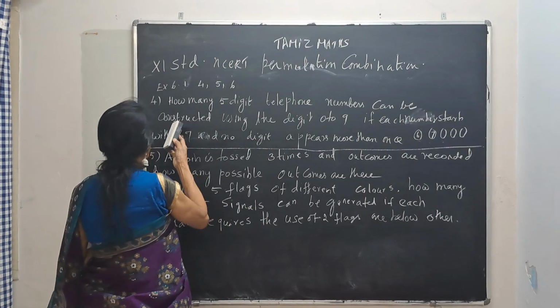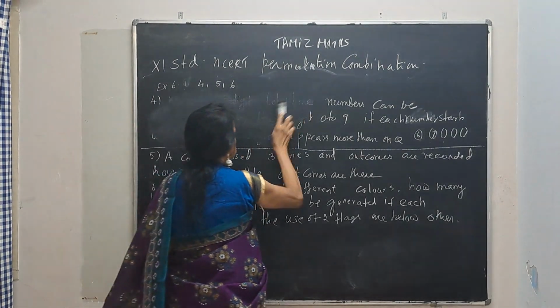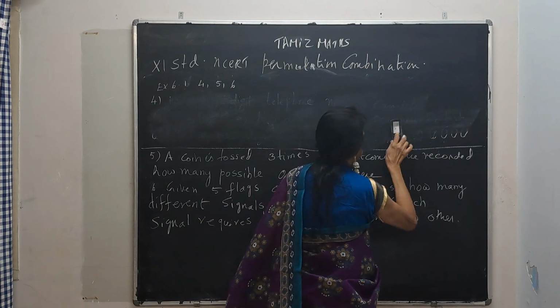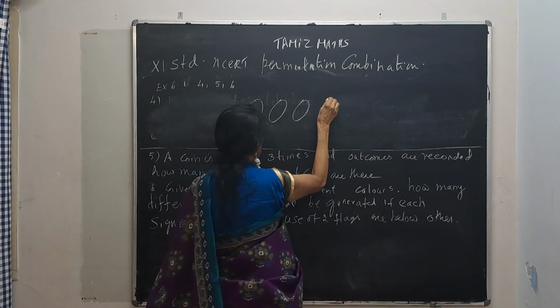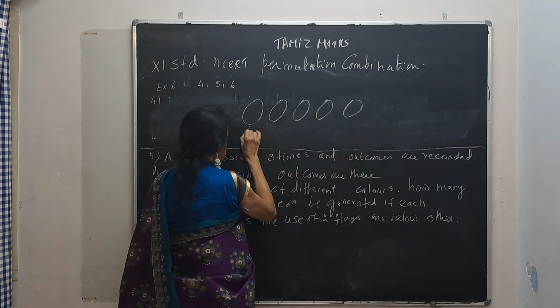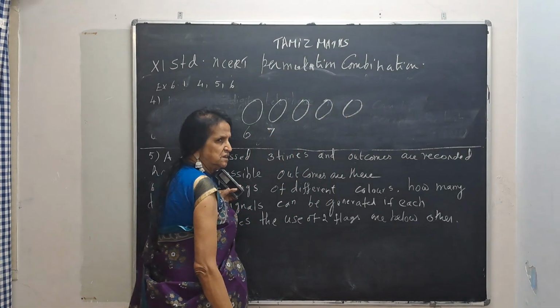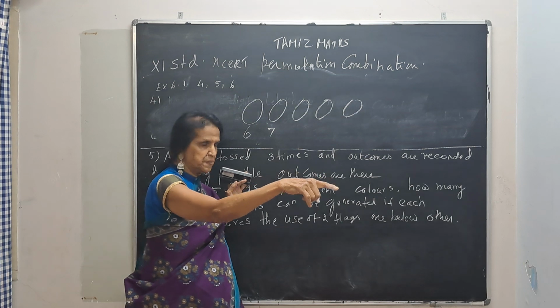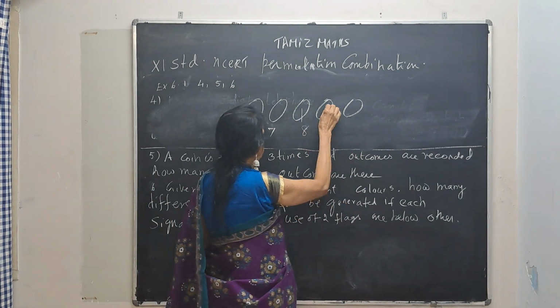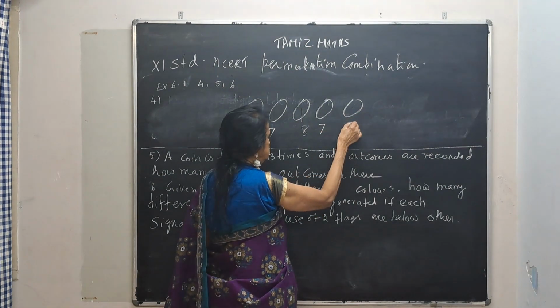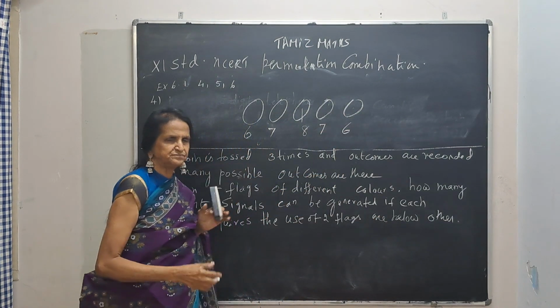So how will you do this? This is fixed, 6, 7. So now there are 8 numbers. This could be filled in 8 ways, this in 7 ways, and this in 6 ways.